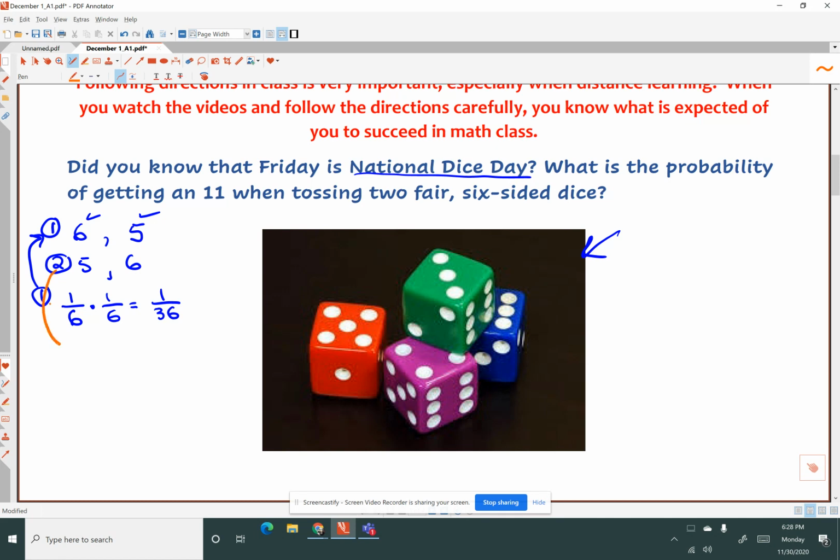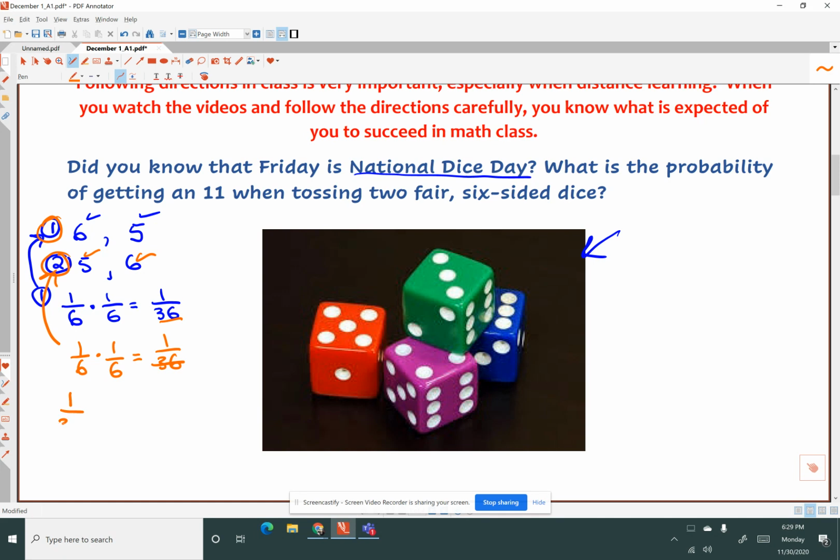The second way to get an 11, same thing. We have a 1 out of 6 chance of getting the 5, and then we have that 1 out of 6 chance of getting the 6. We multiply those together, so we have a 1 in 36 chance of getting a 5 and then a 6. But in order to calculate the probability of both, we add these together.